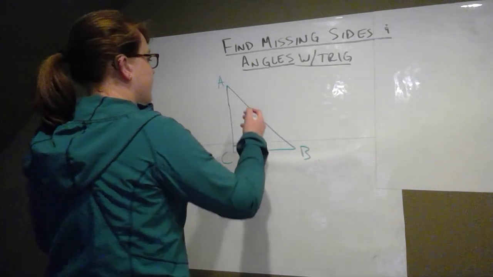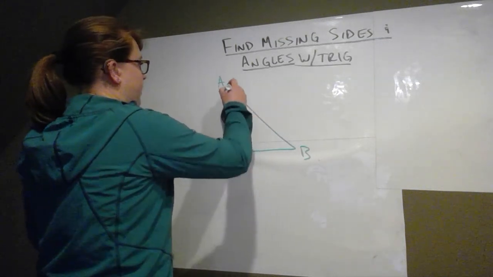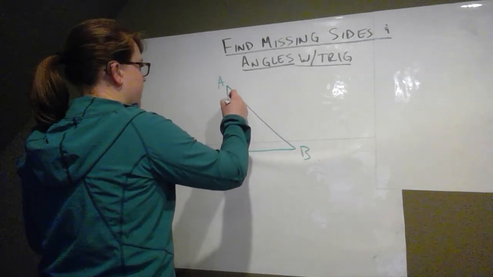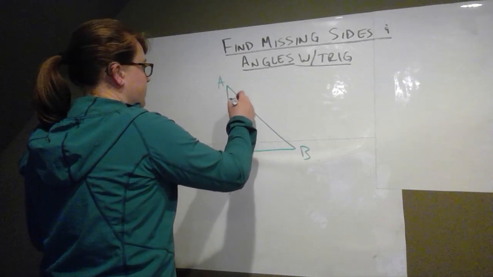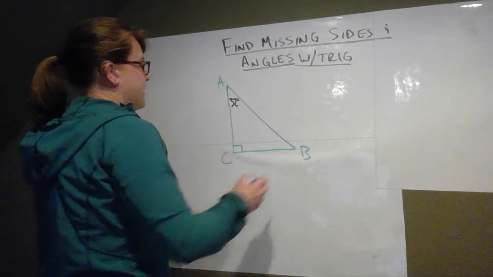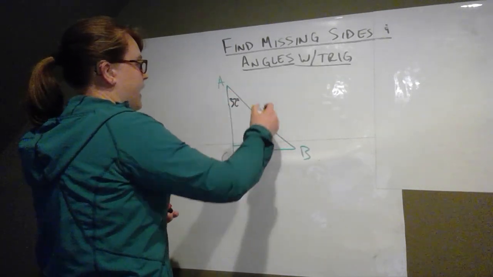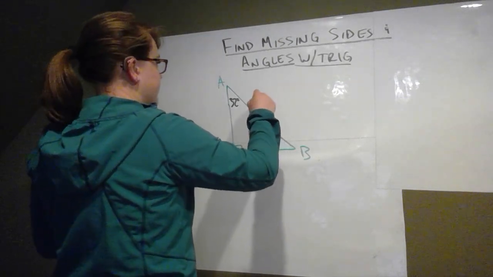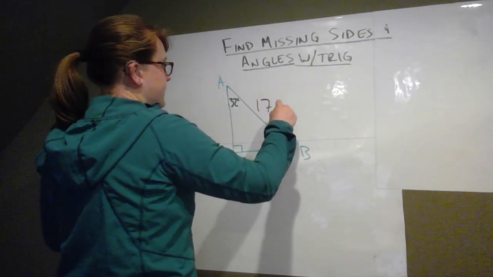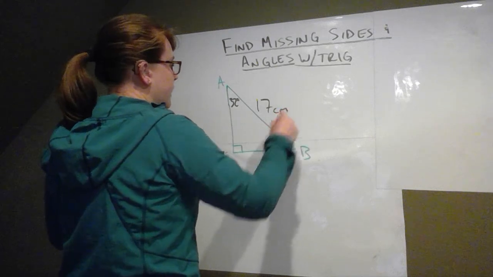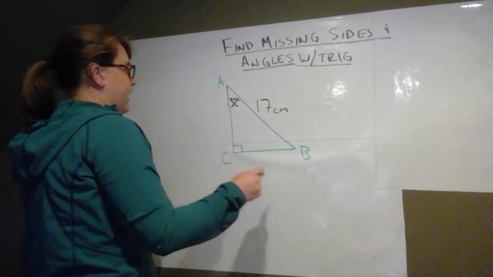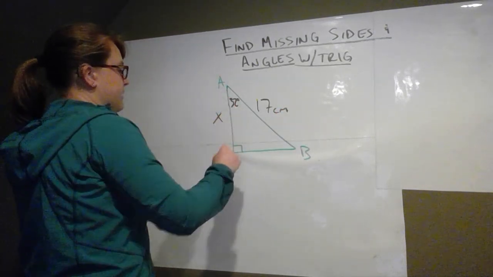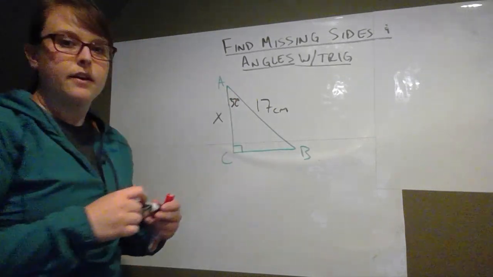Like they might tell us that angle A is 32 degrees. And maybe they tell us that side AB is 17 centimeters. And we are wanting to find this missing side AC right here.